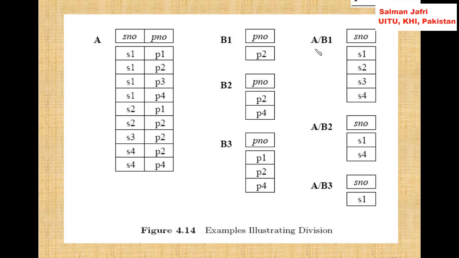So now we can compute A divided by B1. And what does A divided by B1 mean? All answers that contain B1, all entries that are occurring with B1, which is P2.